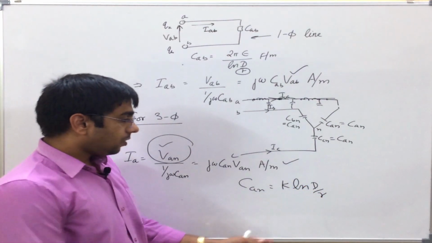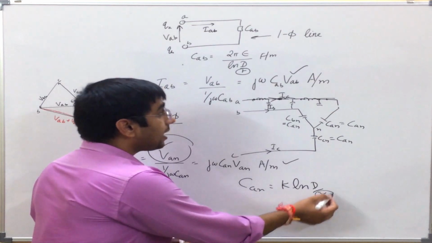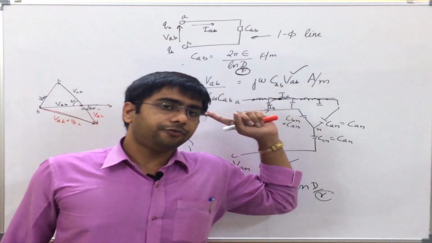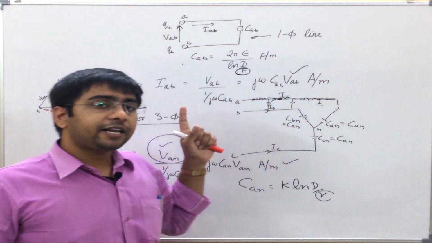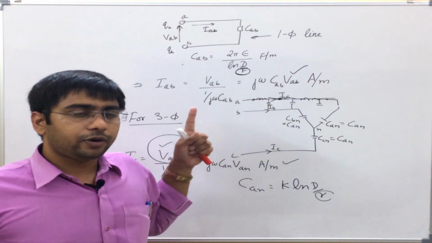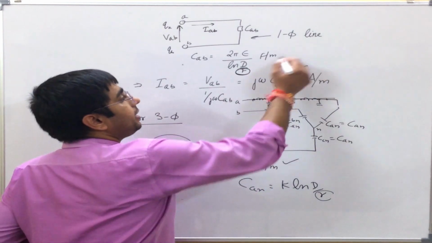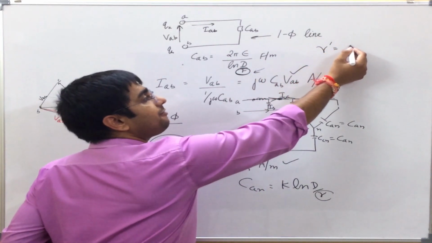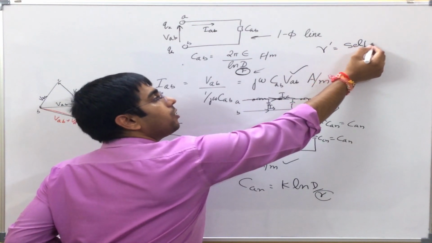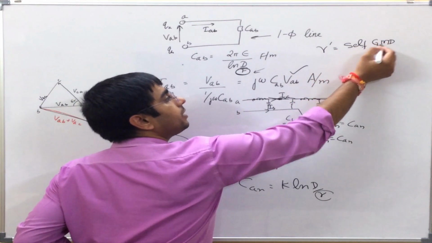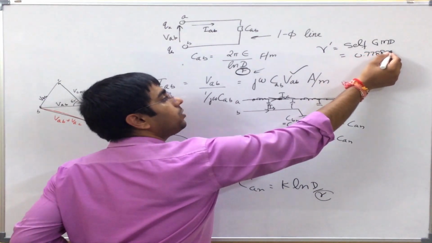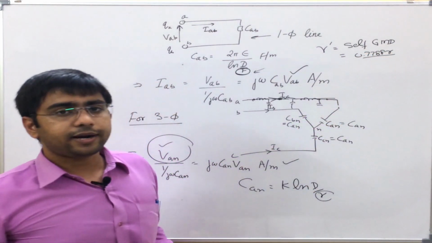Here R is the radius of the conductor, but in inductance theory we saw that it was not R, it was R prime, or the self GMD of that conductor, which was equal to 0.7788 into R if it was a solid conductor.